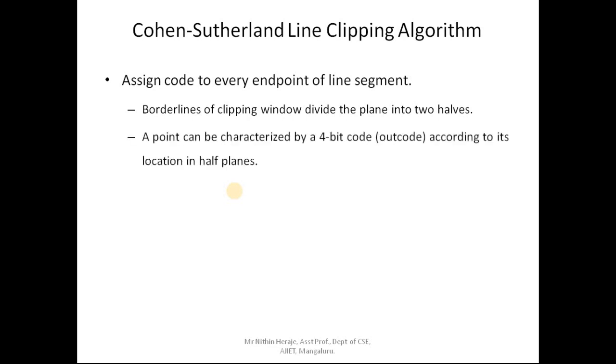A point can be characterized by a 4-bit code, that is the out code, according to its location in half planes. We'll see what it is with the diagram. The location bit is 0 if the point is in the positive half plane, that is, if the point is inside the clipping window, and 1 otherwise.